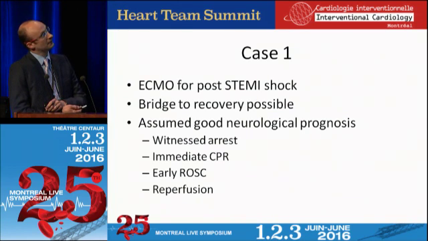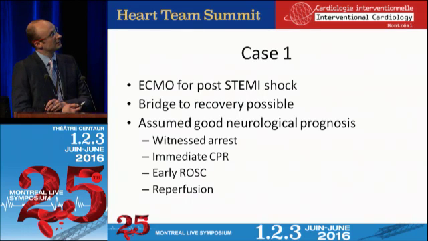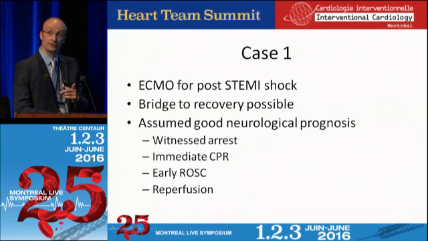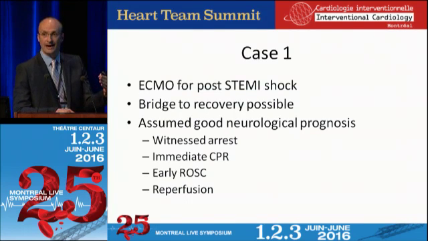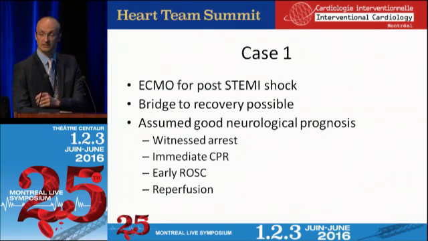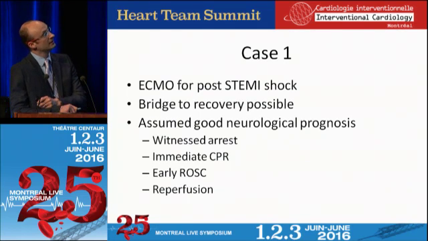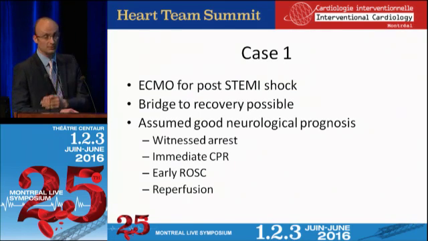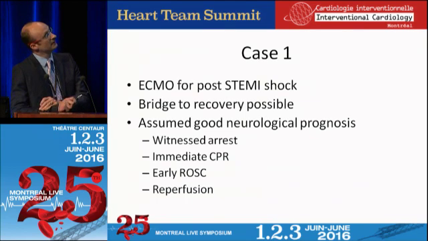In terms of what was decided for this prototypical case, ECMO was decided based on his profile, with the thought that most likely he would stay in shock for at least the next number of hours, which would put the rest of his organs at risk and increase his mortality to discharge, as well as potentially cause ongoing neurological injury.